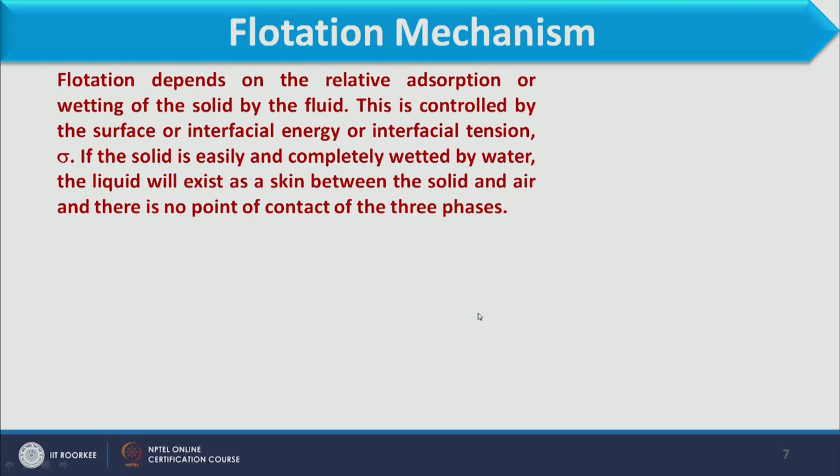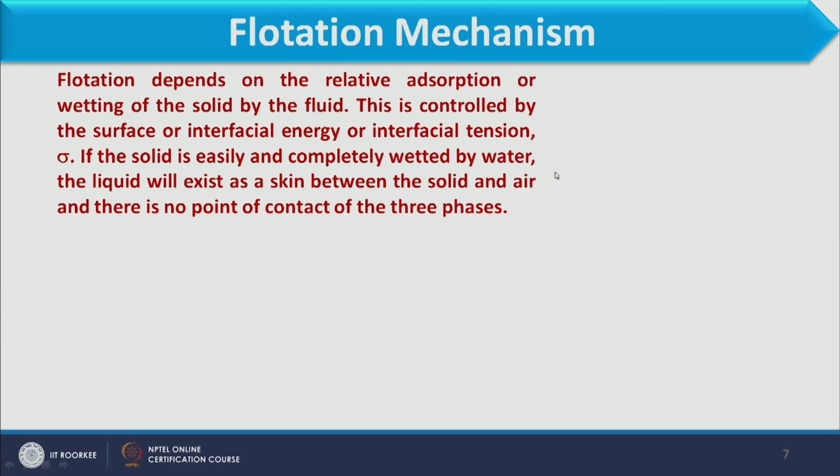Flotation depends on relative adsorption or wetting of the solid by fluid. This is controlled by surface or interfacial energy or interfacial tension. So, the solid basically attracts water or attracts air bubbles. In that case the surface tension will play an important role, so that the bubble will be attached to the solid or the film will be attached to the solid.